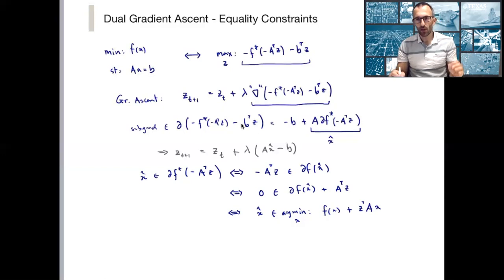But on the other hand, we see that this minimization that we need for every single step of gradient ascent has no more constraints. In particular, it's our original function plus something that's now linear in x.